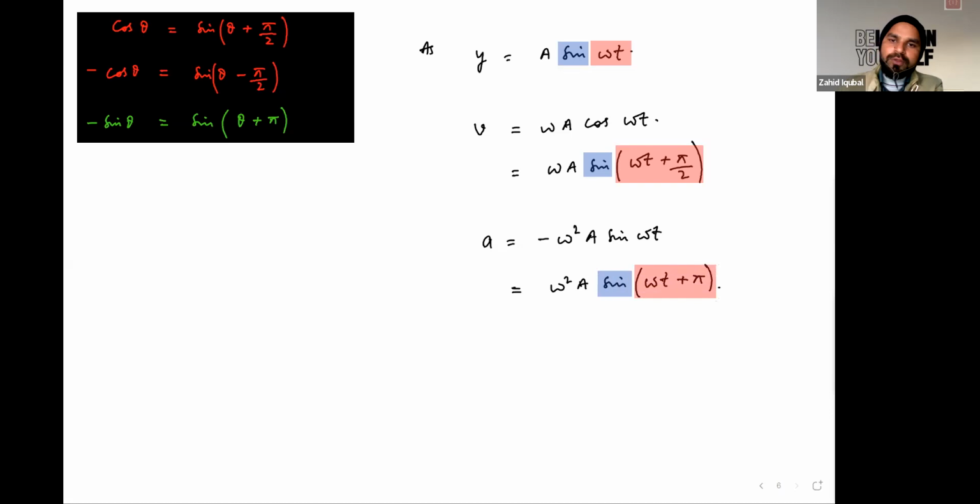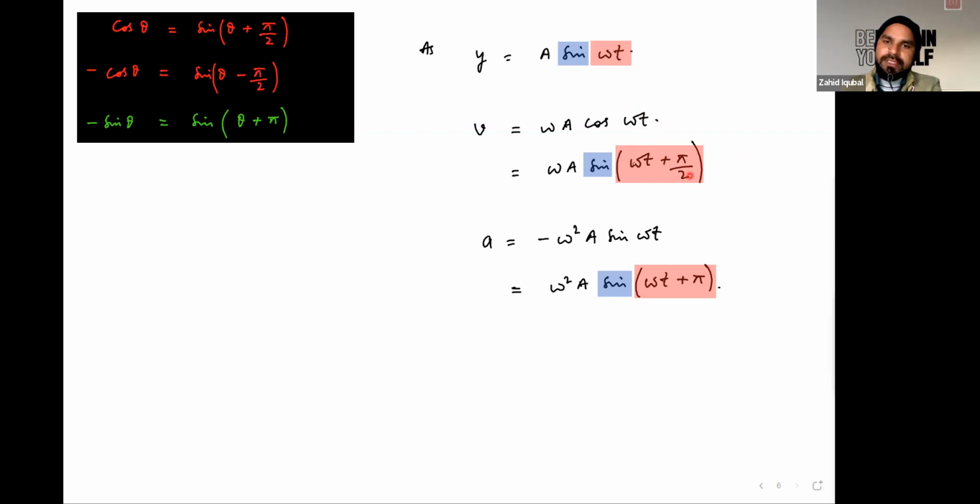You will be asked, what is the phase difference between velocity and displacement? Just compare these two parts. What is the difference between these two angles? Hiba? Is there any difference between this part and this part? Hamza?